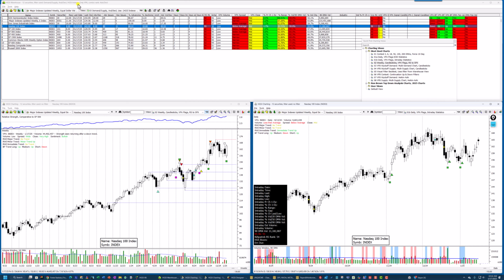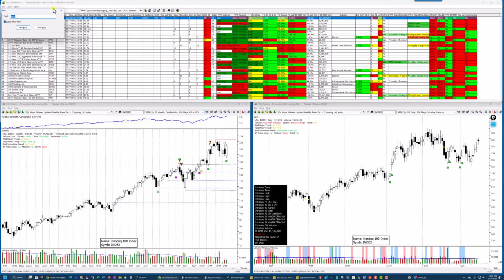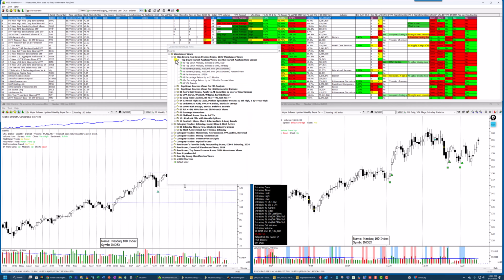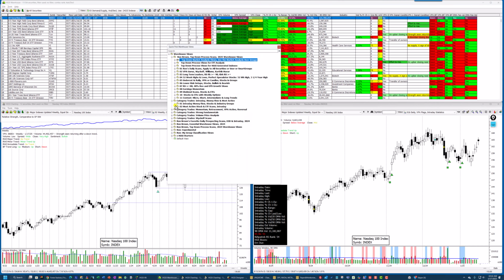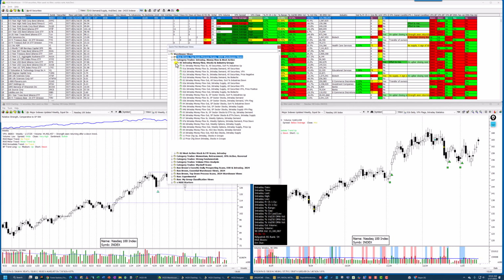What I'm going to do is go to all securities by holding my alternate space bar down, and then I'm going to close this and go down to category trades. Let me close everything up so you can see where I am: intraday money flows, stocks, and industry groups.